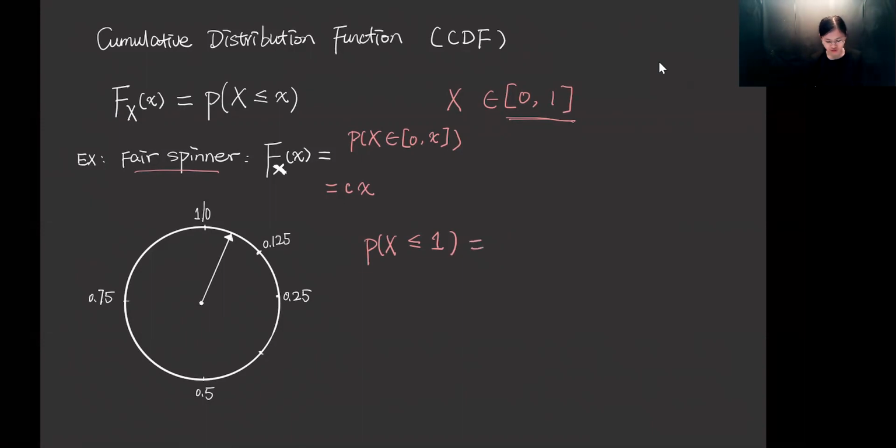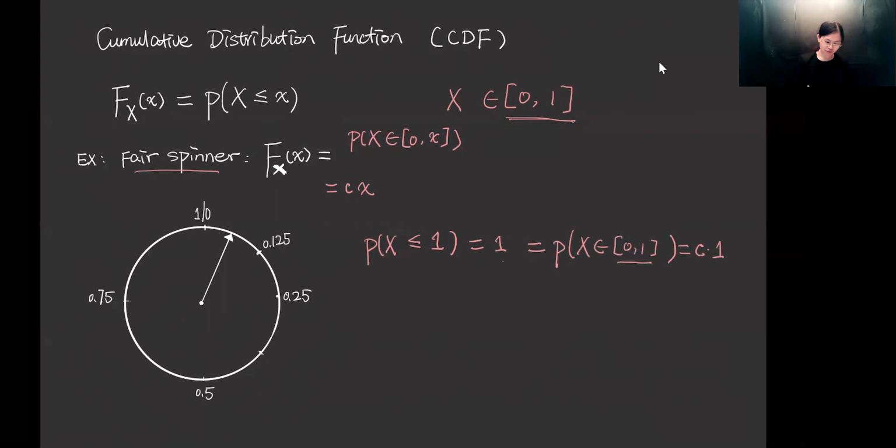So that should be 1 by one of the axioms of probability. And this probability should also be, since X belongs to the 0, 1 interval, proportional to the length of the interval. So it should be the constant times the length of the interval, which is 1.